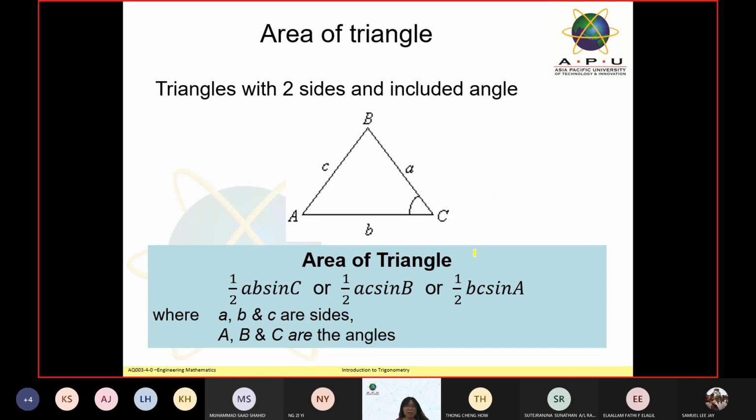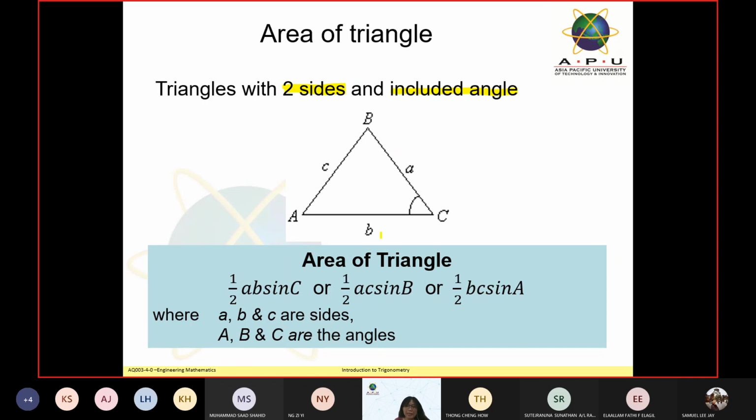When you deal with a triangle that is not a right angle triangle, you can find the area of the triangle by using the formulas given here. But the triangle must have two sides and the included angle. So what does it mean by the two sides and the included angle?